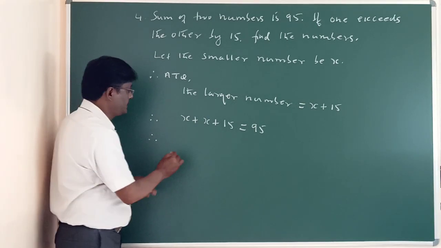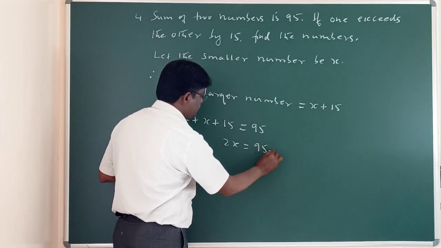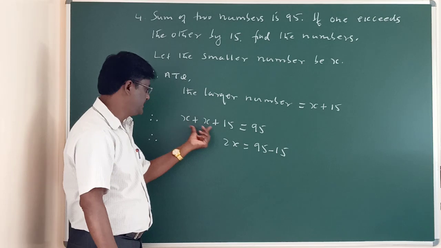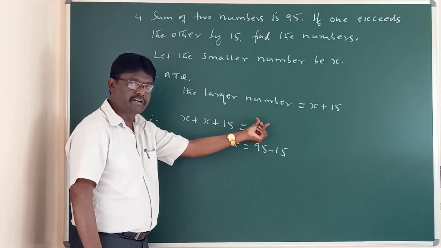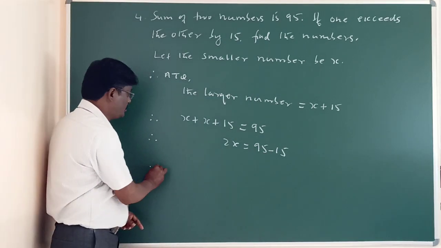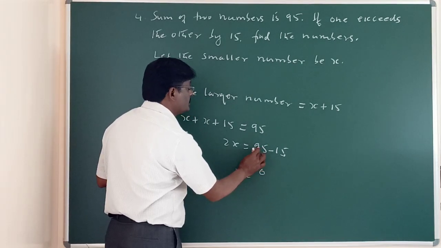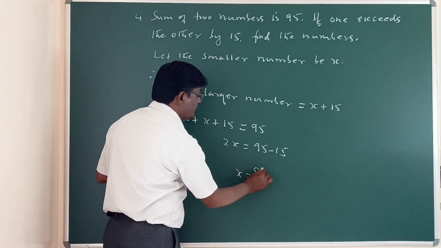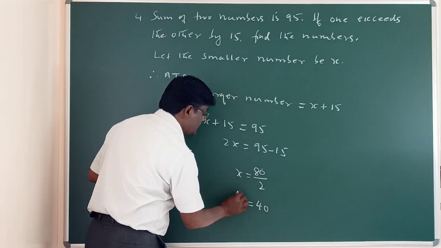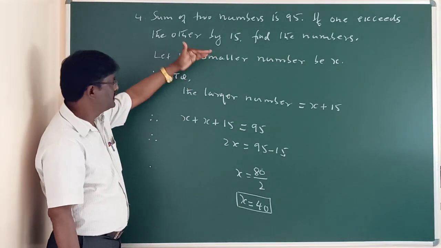Now we shall simplify. 2x equal to 95 minus 15. You know that 1x plus 1x is 2x, like terms. Plus 15 sent to the right side of the equation becomes minus 15. Therefore, x equal to 5 minus 5, 0. 9 minus 1, 8. 80 divided by 2, thus x equal to 40. Once we know x, then come to the assumption.